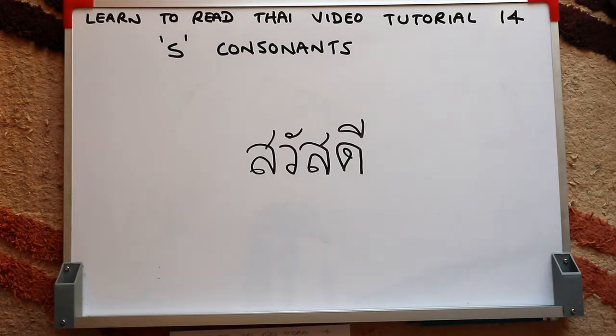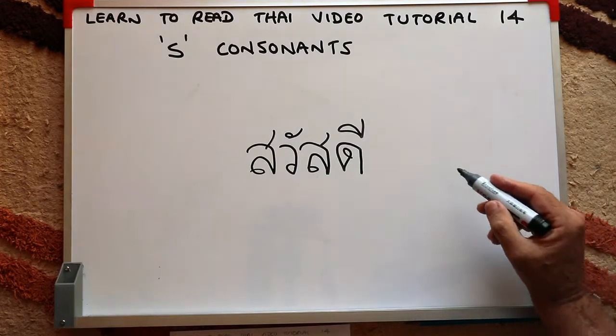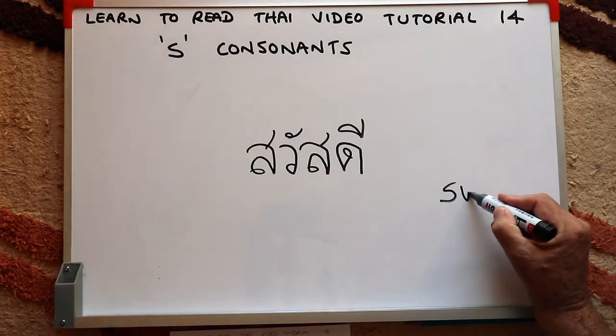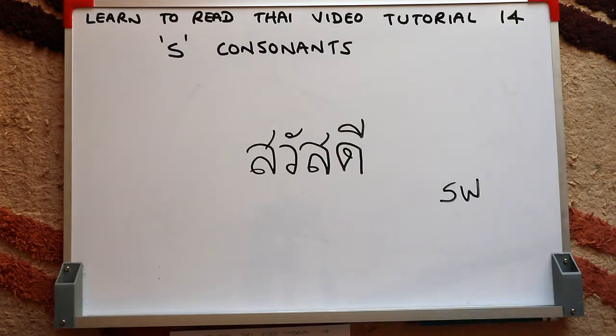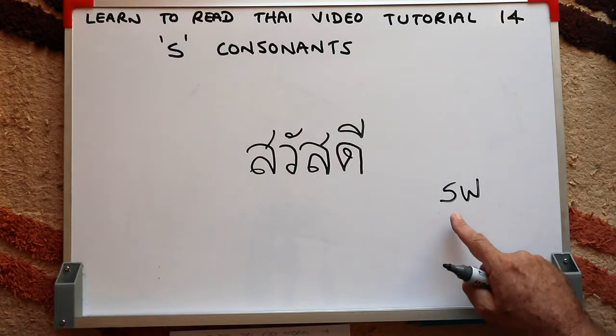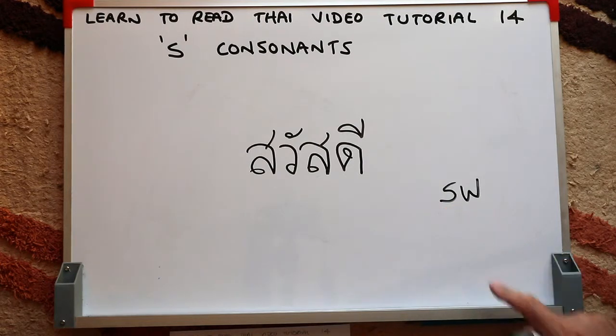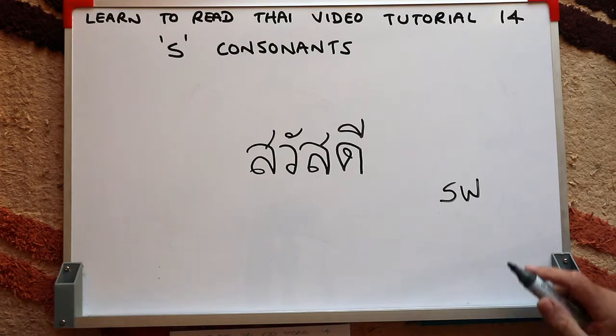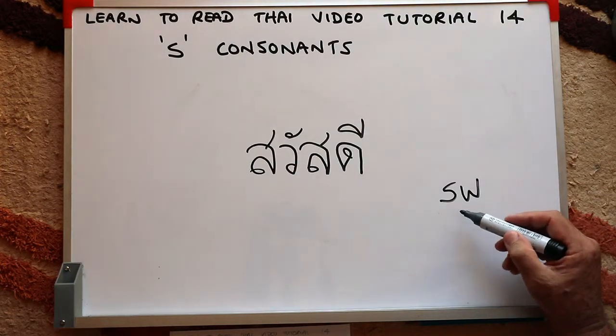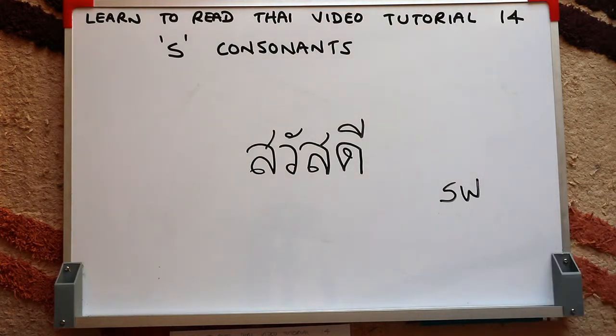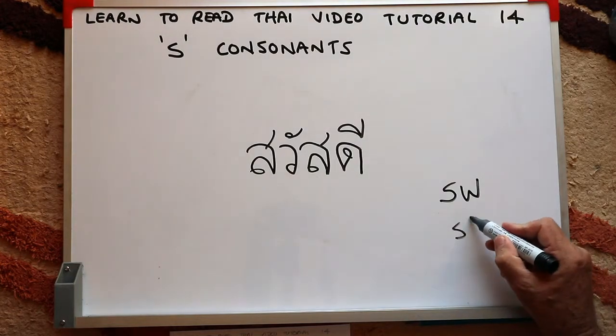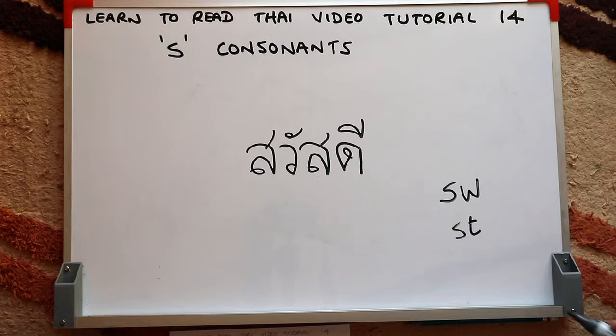Thai S consonants don't figure in any consonant clusters. So in English, an SW would make a consonant cluster, as in switch or sweet. If you see an S consonant and a W consonant in Thai, it's not a consonant cluster, so you have to add an A in between. It's the same for ST consonant clusters.